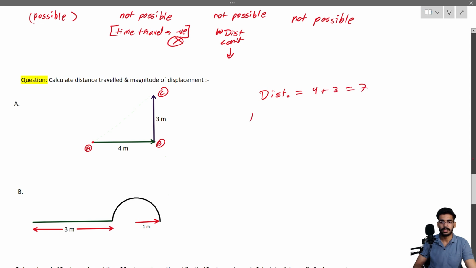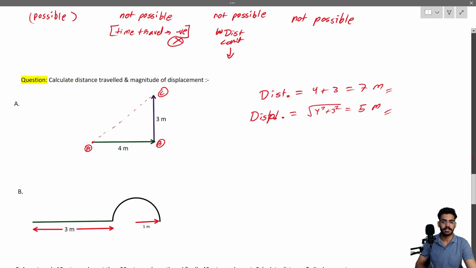Displacement is the direct shortest path, which is the hypotenuse of this triangle, so the square root of 4 squared plus 3 squared, that is 5 meter. Distance is 7 meter. With units you have to answer.